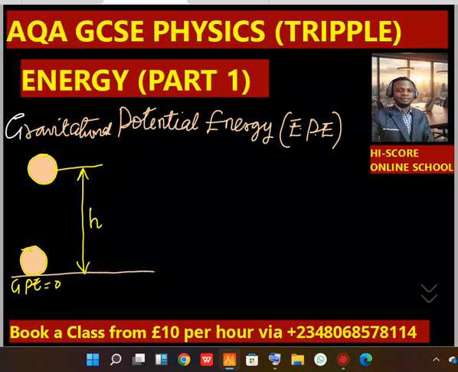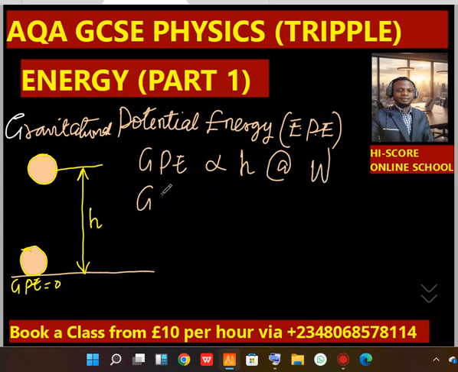So the GPE is proportional to the height at constant weight.